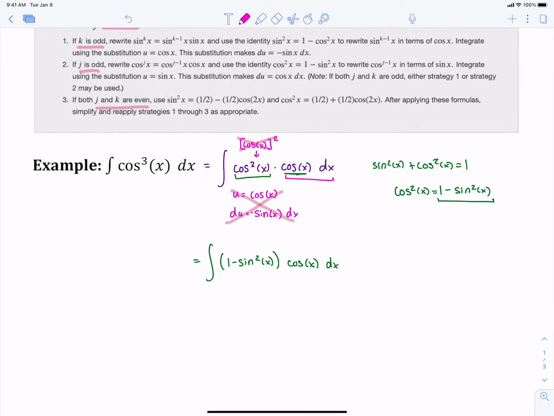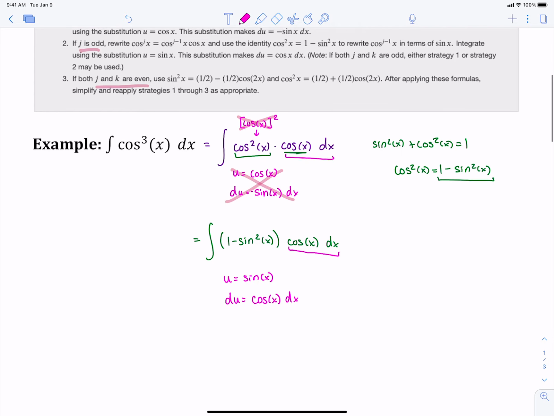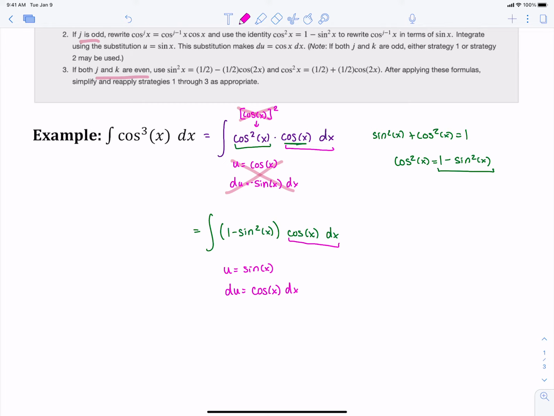So now I want to try the substitution again. Now we can take our u and make it sine of x, and then du is cosine of x dx, and that's exactly what's sitting in our integral. So we changed our cosines to sines so that we would have that derivative sitting there. And that's kind of the big point of what we're trying to do, is we're trying to be able to do a substitution.